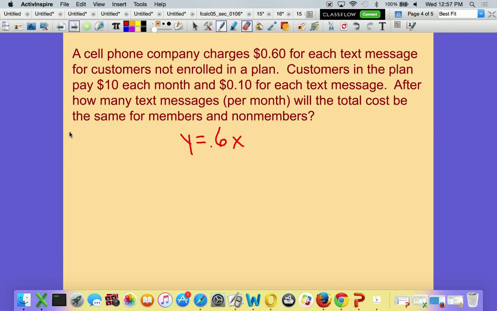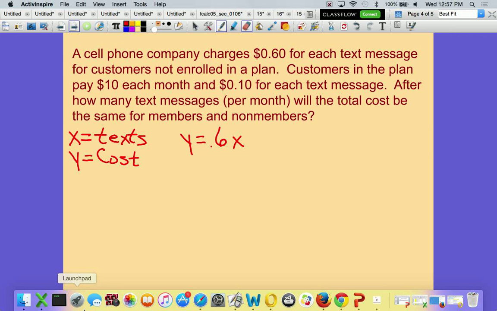What I want you to get in the habit of doing is saying x is the number of texts, and y is the total cost. We need to do that so that we know what these variables stand for after we get rolling with this problem. And when we solve for either x or y, then we know what it actually means.